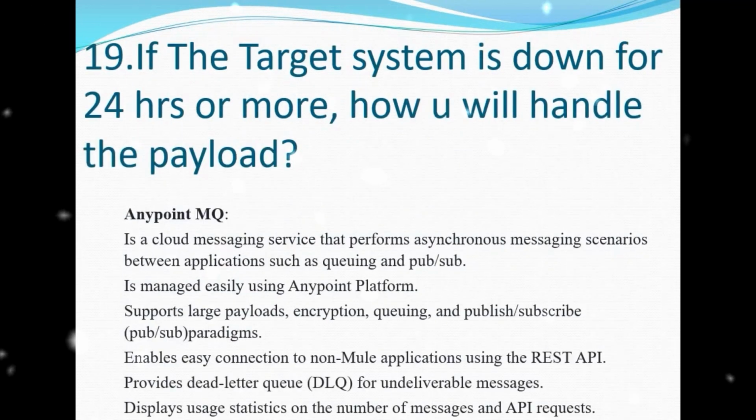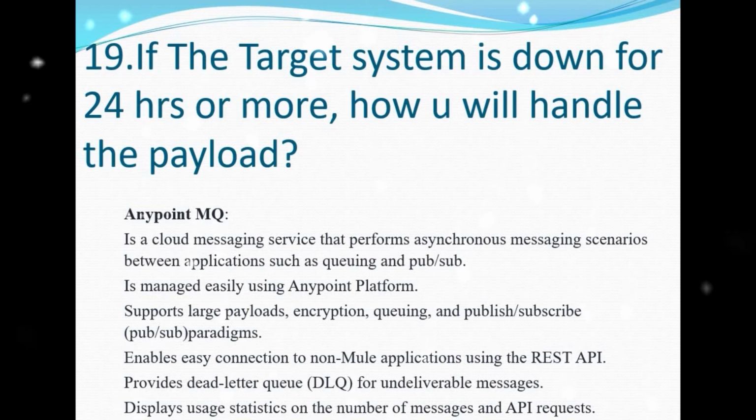19. If the target system is down for 24 hours or more, how will you handle the payload? Anypoint MQ is a cloud messaging service that performs asynchronous messaging scenarios between applications, such as queuing and pub/sub. It is managed easily using Anypoint Platform.